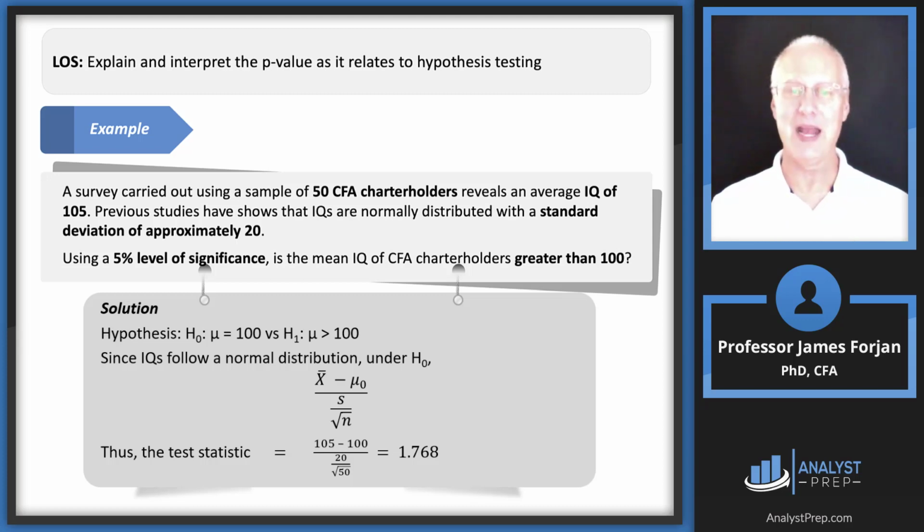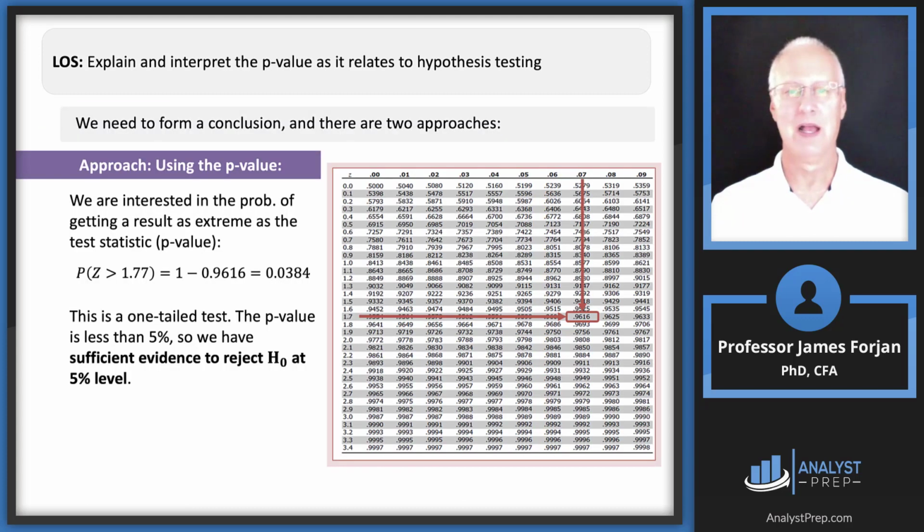We have to divide it by the standard deviation of 20, and then we need to divide that by the square root of n. N was our 50 CFA charter holders inside of that sample. So our test statistic is 1.768. What we do is get out our z table.